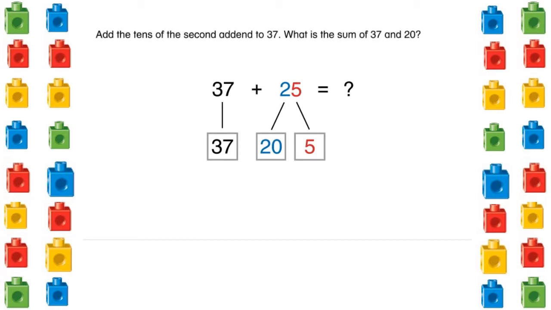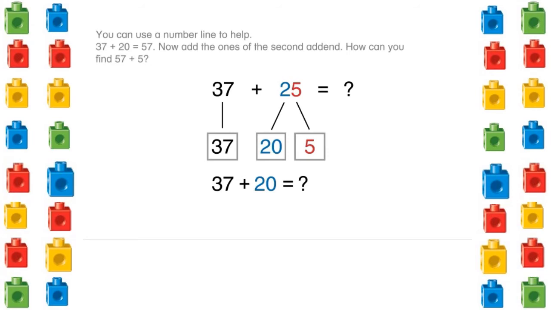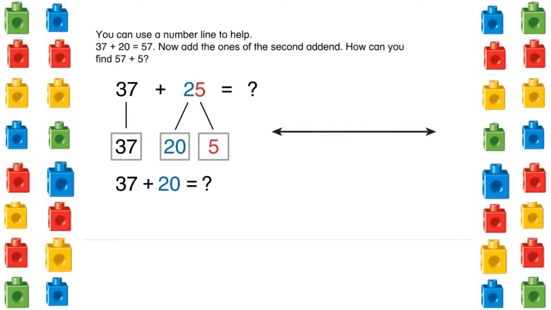Add the tens of the second addend to 37. What is the sum of 37 and 20? You can use a number line to help. 37 plus 20 equals 57. Now add the ones of the second addend. How can you find 57 plus 5?